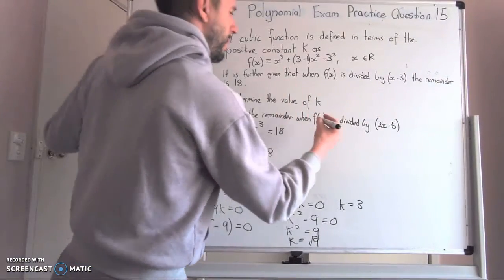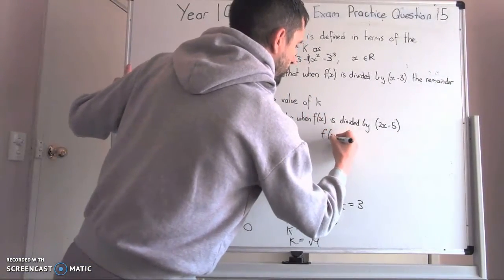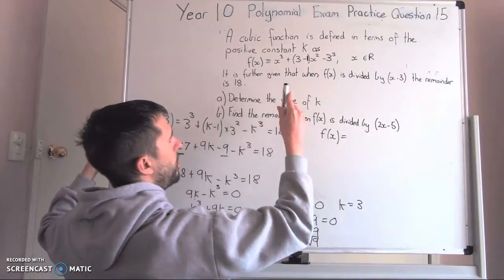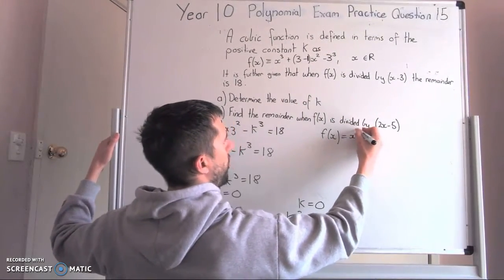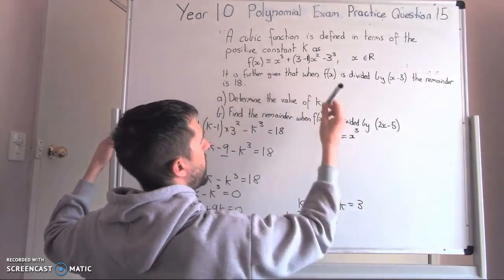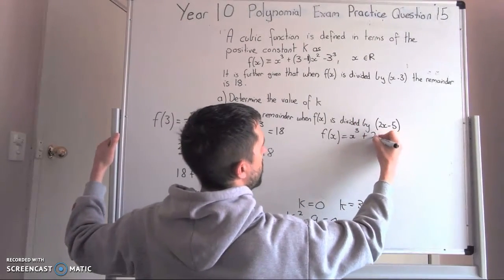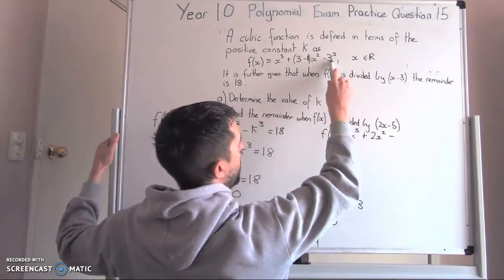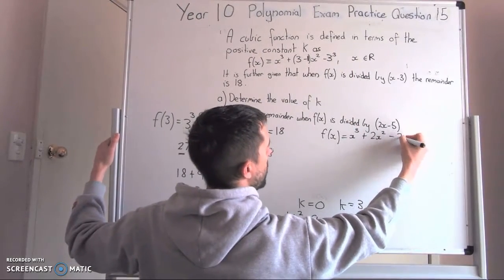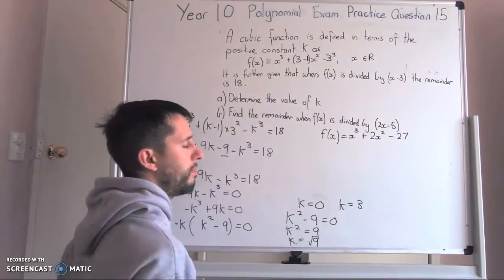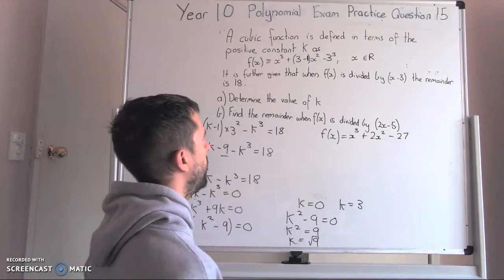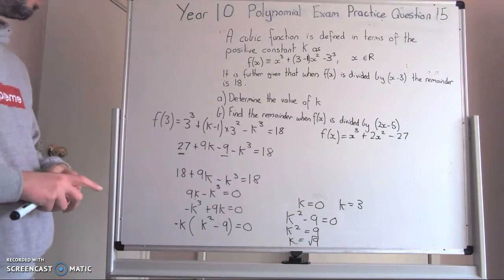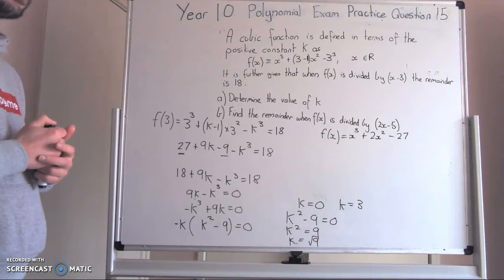So that means I have the function of x, and that is equal to x to the power of 3, 3 take away 1 is 2, so it's plus 2x squared, and then I've got minus 3 to the power of 3, which is 27. Okay. So that's us just slowly getting there.